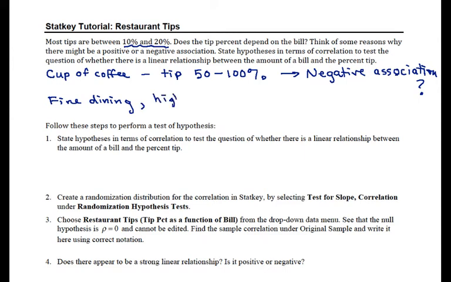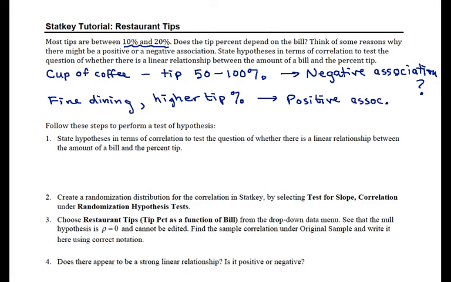So you might see higher tip percents on larger bills, just because your customers aren't really strapped for cash and they feel perfectly comfortable leaving a larger tip. And this might suggest a positive association. So we don't really know a priori which one we expect.